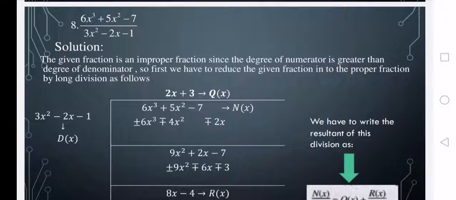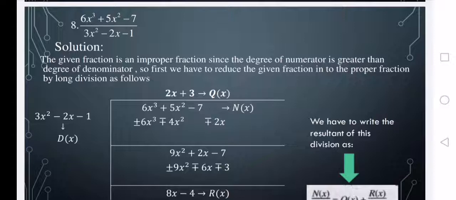Then we multiply this 2x to the rest of the terms of Dx and write them beneath the appropriate like terms. So 2x into 3x square is 6x cube.